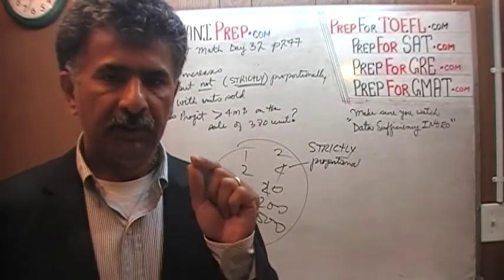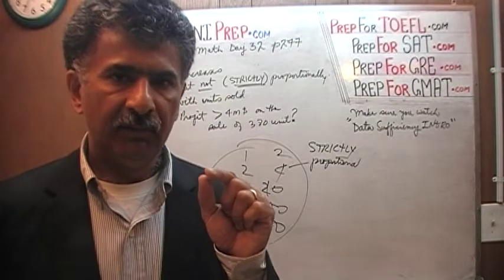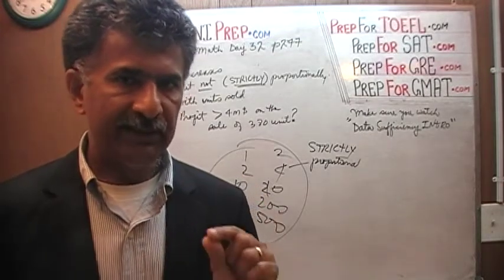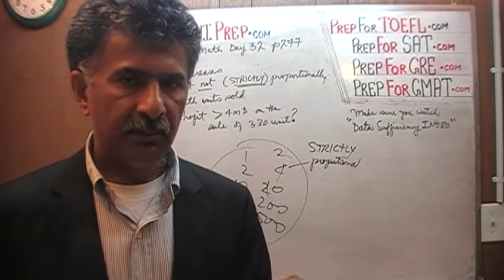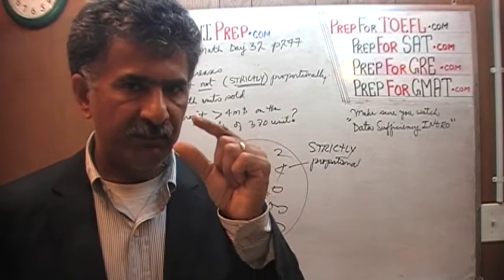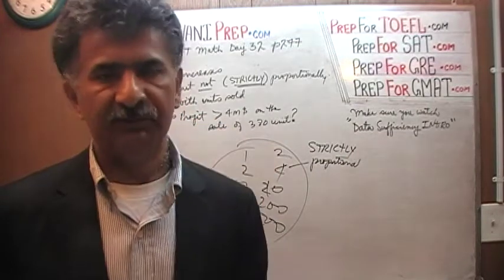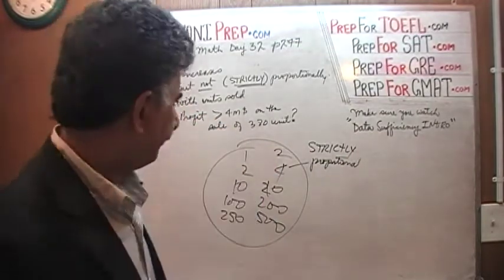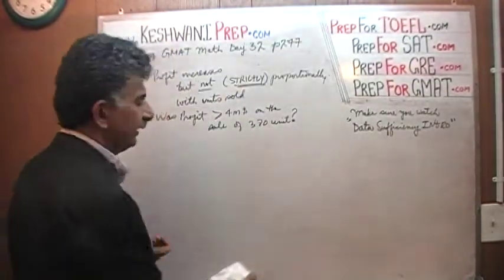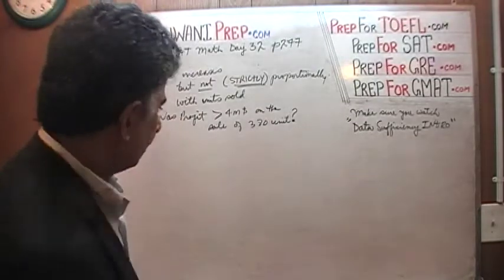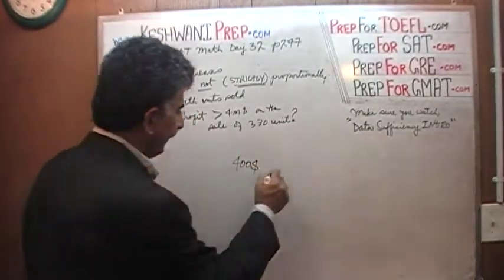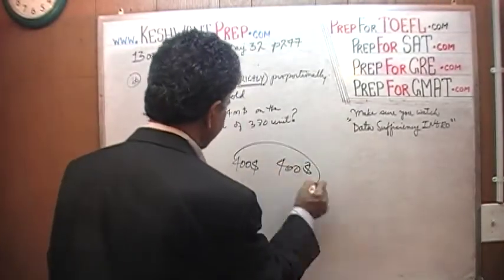One more time. What they're trying to say is that the profit this company makes always goes up every time they sell an additional unit, but the amount by which the profit goes up each time is not constant. Do you understand? But it will go up. In other words, they will never sell something that cost them $400 to manufacture for $400, in which case they made zero profit.